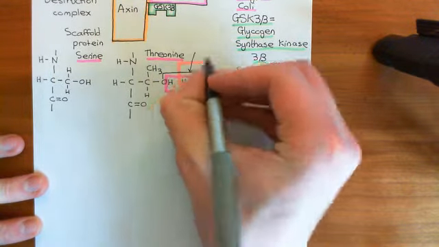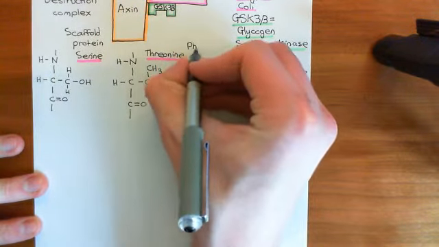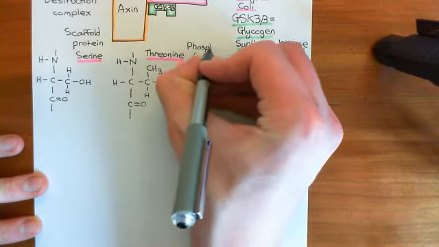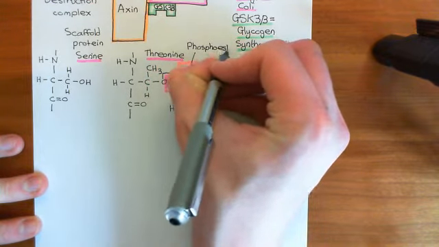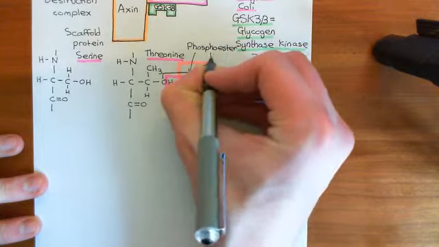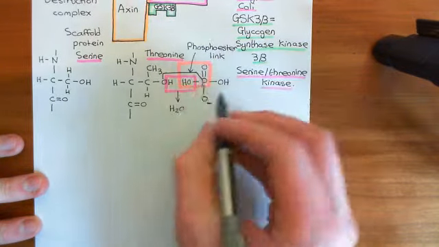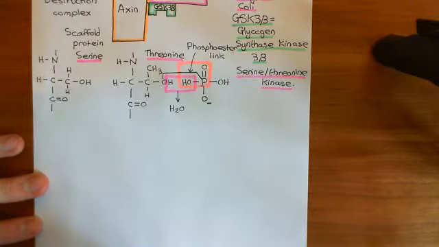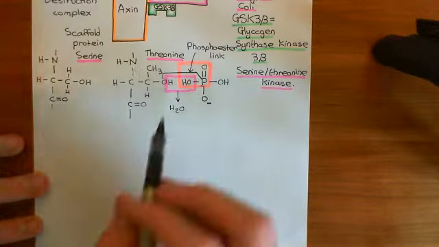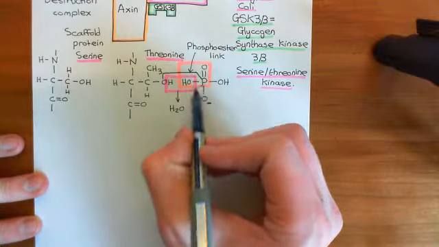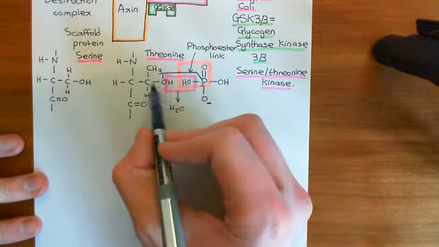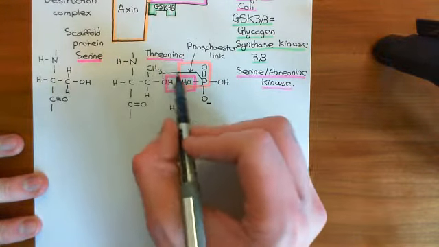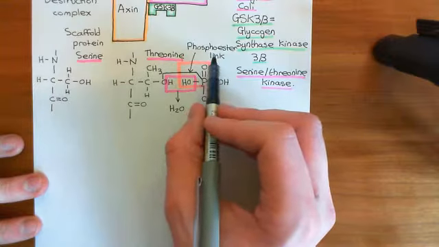To show its parallels with an ester link, we call this link a phosphoester link. So this is what you overall form when you phosphorylate serine and threonine residues. You link this phosphate group onto the alcohol groups of serine and threonine residues via phosphoester links.